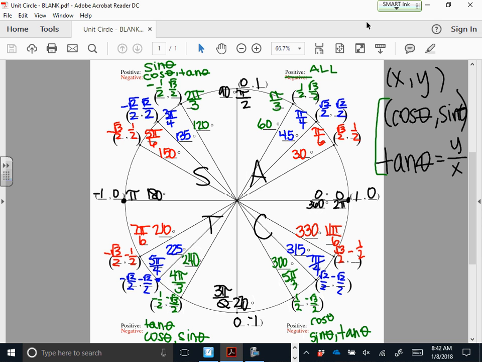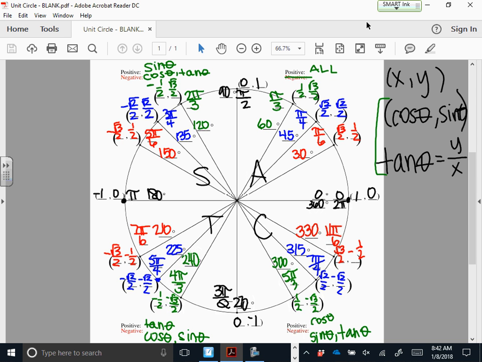Pi over 2, we can't draw a triangle to figure that out. Well, we know information about the unit circle. So the sine of pi over 2, what is the y coordinate at pi over 2? 1. The cosine of pi over 2, what's the x coordinate at pi over 2?